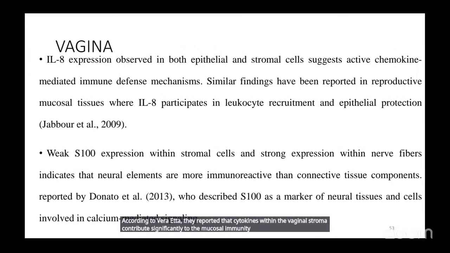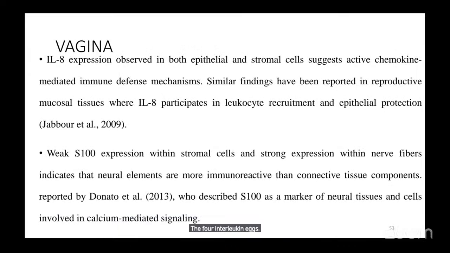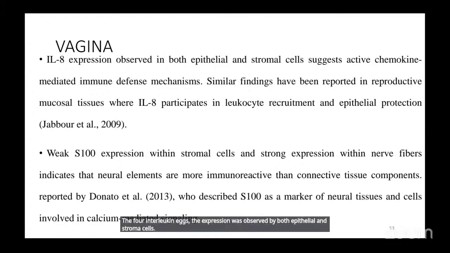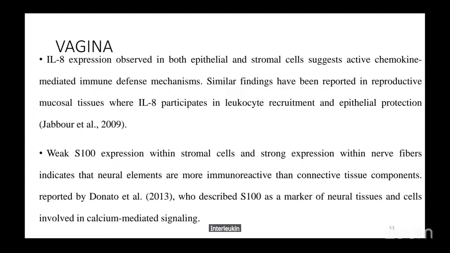For interleukin 8, the expression was observed in both epithelial and stromal cells, which suggests an active chemokine-mediated immune defense mechanism. Similar findings have been reported in reproductive mucosal tissues, where interleukin 8 participates in lymphocyte recruitment and epithelial protection, according to Jabo et al.